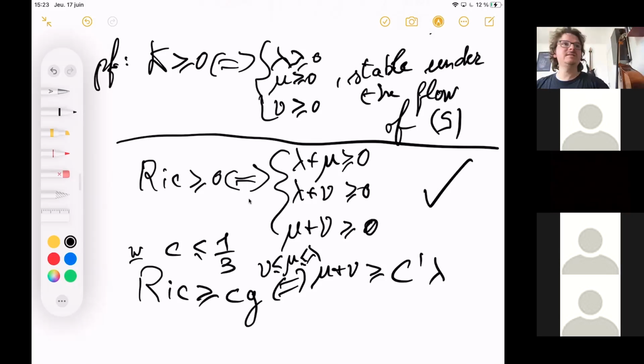So, remark that, oh no, sorry, this is false. So C times the scalar curvature. Remember that the scalar curvature is the trace of the Ricci tensor. So if C is equal to 1/3, then you have a matrix of trace S whose every eigenvalue is at least S over 3.